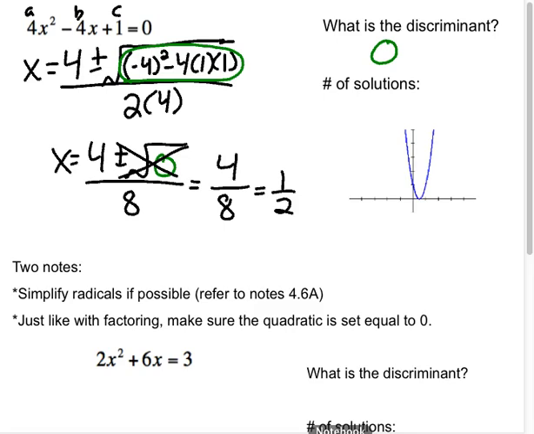So this is a unique solution: notice I'm getting one solution when the discriminant is 0, because it scratches off the square root altogether. I don't have the plus or minus anymore, and all it leaves me with is one solution.